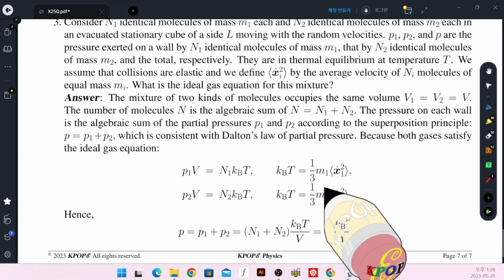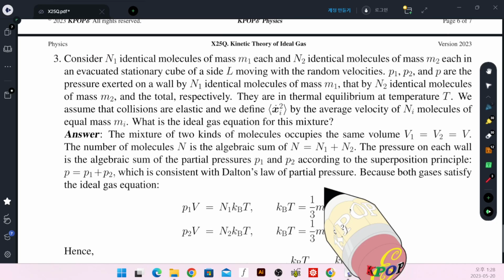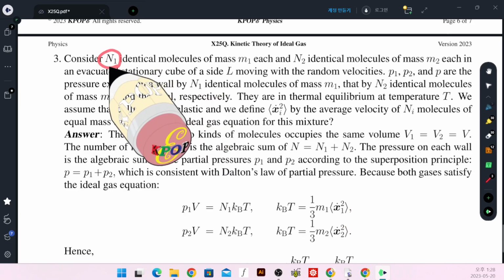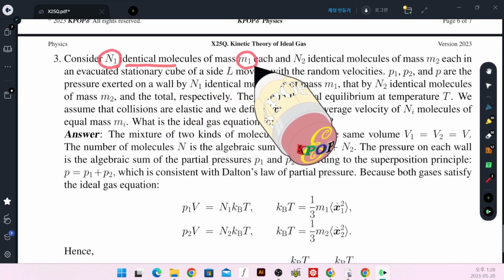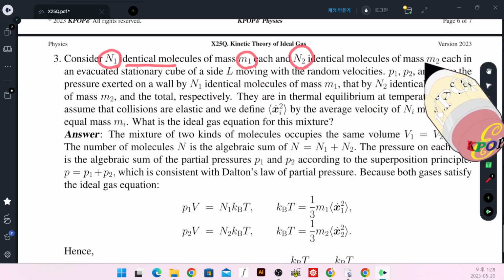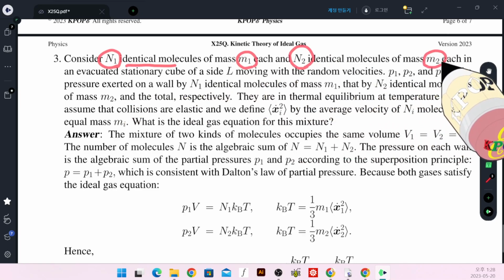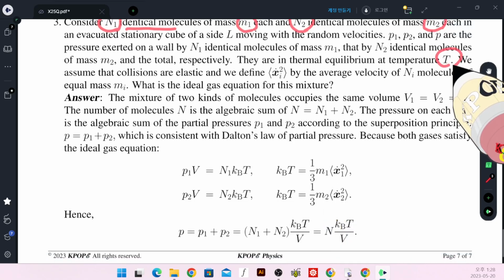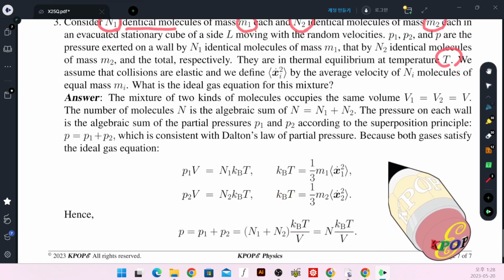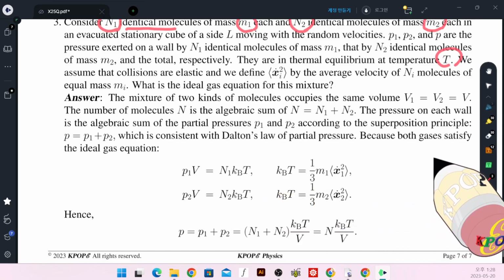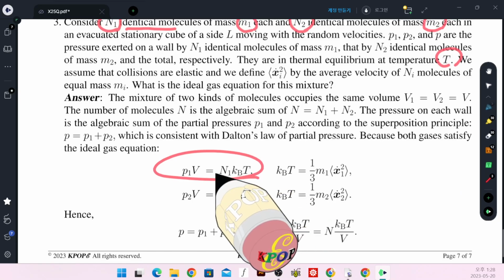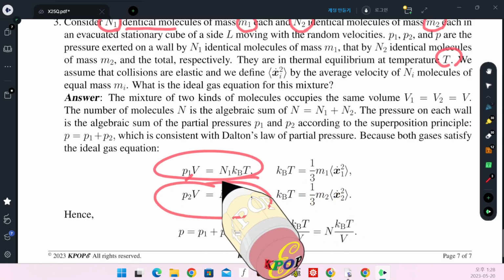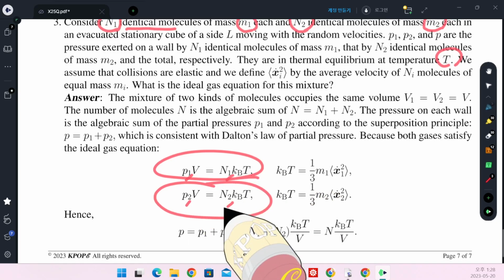Next we consider a mixture of two kinds of molecules: N1 identical molecules of each mass M1, and N2 identical molecules of each mass M2, mixed. Its temperature is T and the container size is a capital V. Each molecule species satisfies PV equals N k_B T, with subscripts 1 and 2 used.